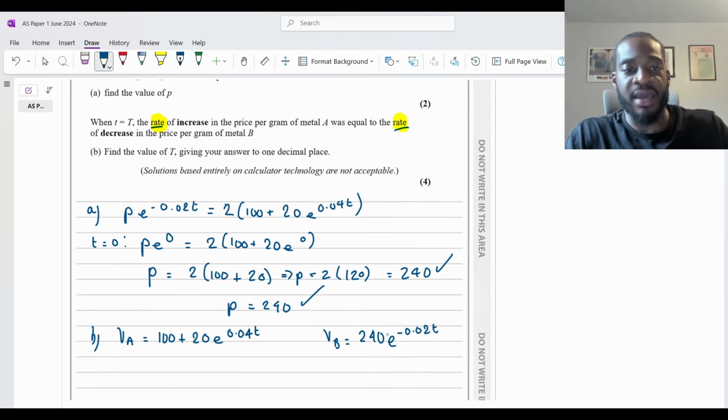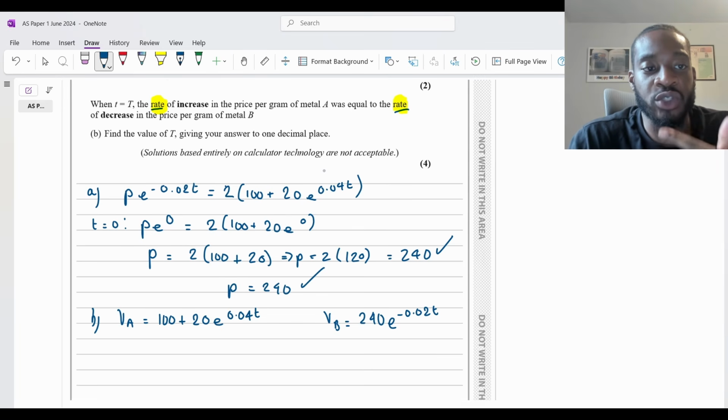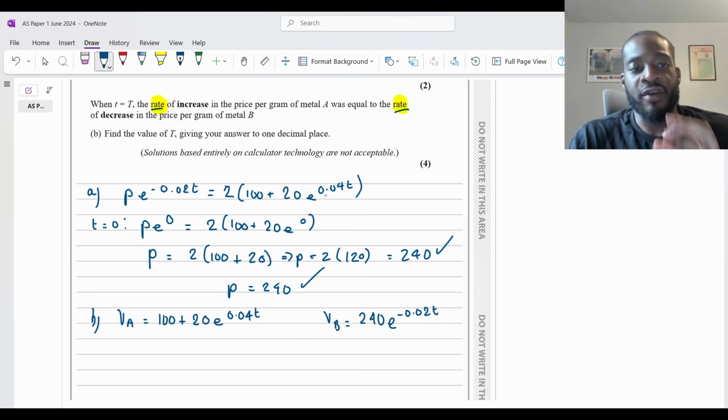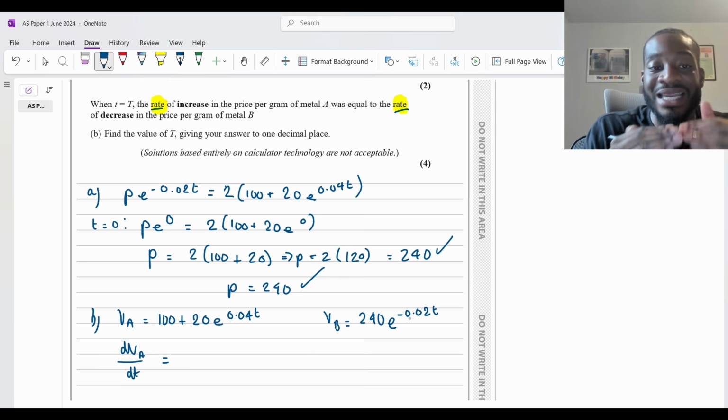Now, just one thing to make a note of. They're asking us to find capital T when the rate of increase is equal to the rate of decrease. The rate of increase is just going to be when we differentiate this, and it's going to be positive. Now, this one, because there's a minus here, the rate of change of VB is going to be negative.